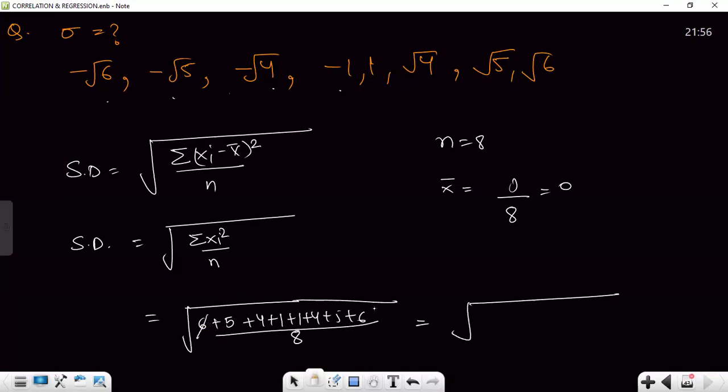So 12, 10, 22, 22, 8, 30, 32 by 8, which is 4. So it becomes 2. Standard deviation comes out as 2. The equation which was looking so typical and complex is actually very simple.